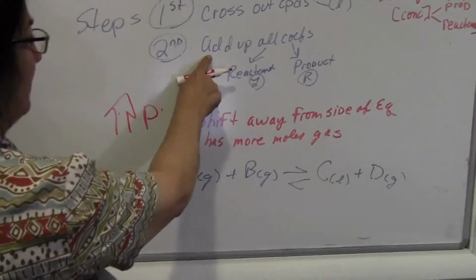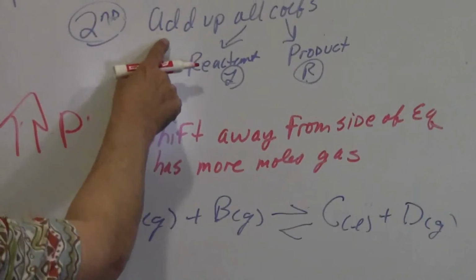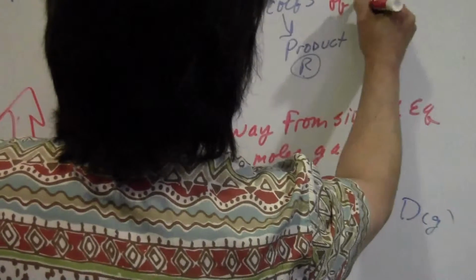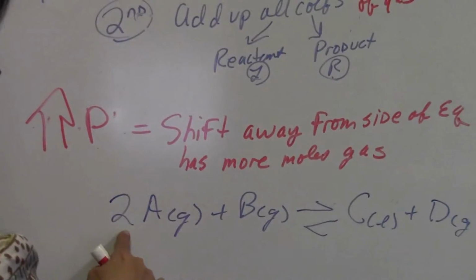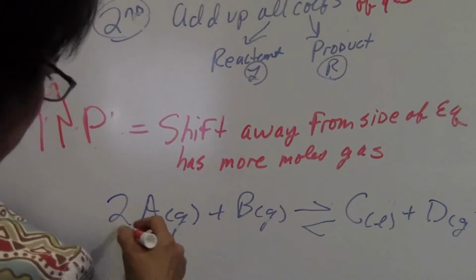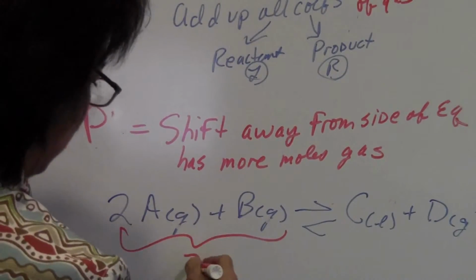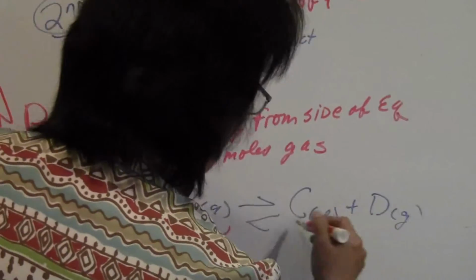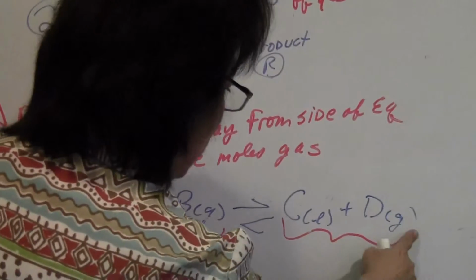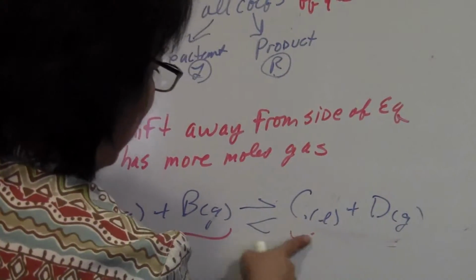Remember, in our setup problems, we're going to add all the coefficients of the gases. How much gas do I have on this side? 2 plus 1 is 3. 1 plus 1 is 2. Oh no, liquids don't count, and liquid's not a gas.